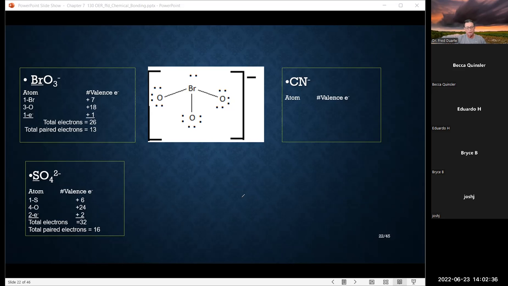Sulfur is the central atom, so I can very quickly write the sulfur. There are 4 oxygens bonded to the central atom. I can bond that, and that takes care of 4 pair. It leaves me with 12. Now we got 8 around sulfur, so it looks like sulfur is happy here.